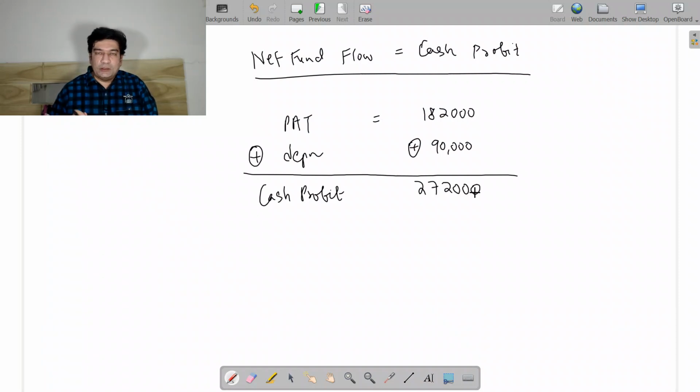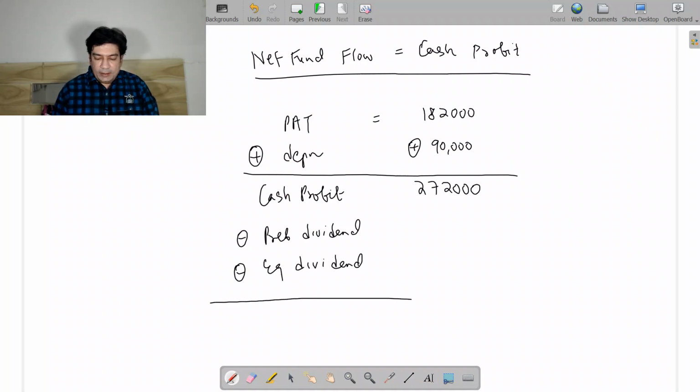Now out of this cash profit you have paid the preference dividend and you have also paid the equity dividend. The net cash profit is nothing but your net fund flow.